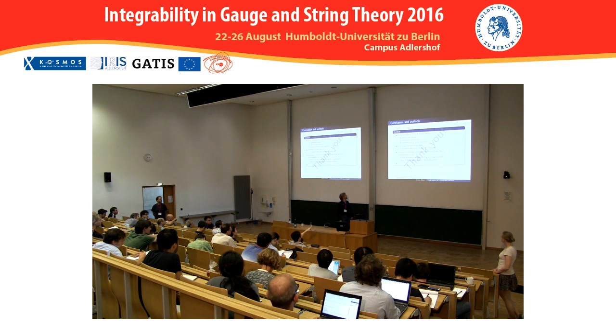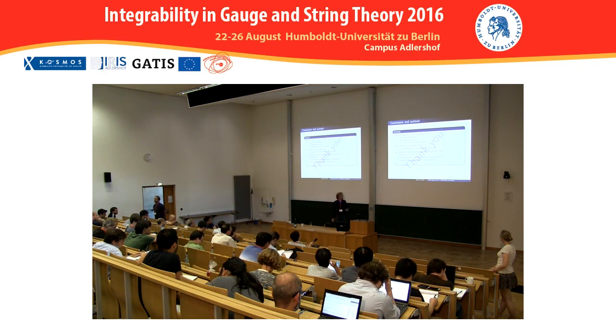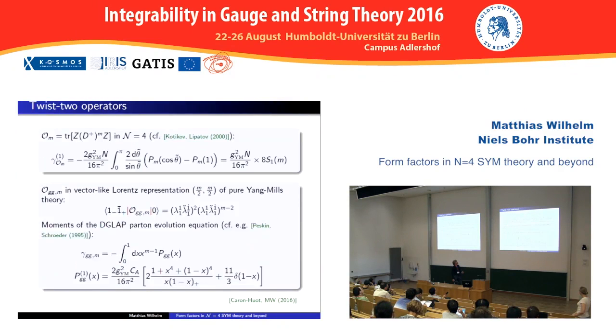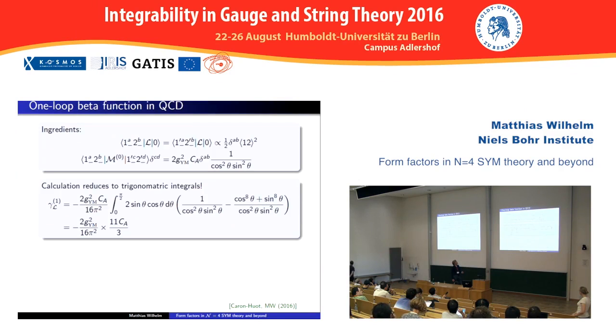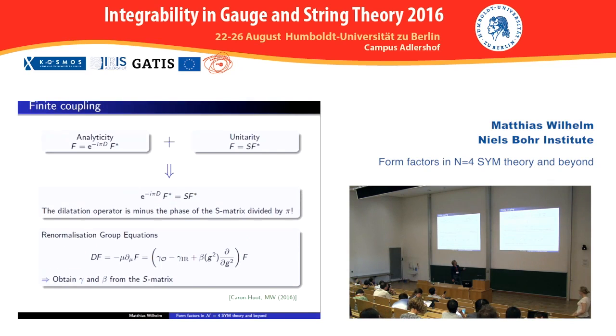But again, you said one loop means you have some Lagrangian perturbation. What's definitely not referring to the Lagrangian is the general consideration at finite coupling. So these considerations are not referring to the Lagrangian, and also this general equation does not refer to the Lagrangian.